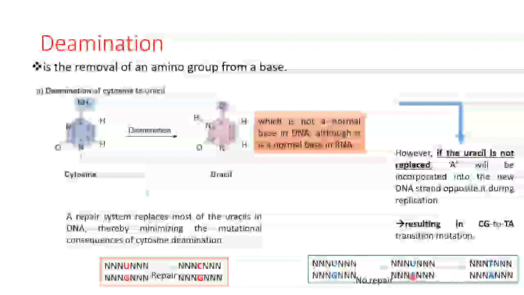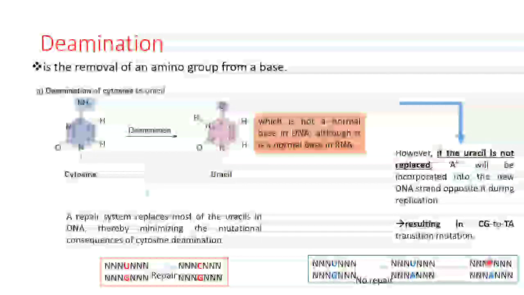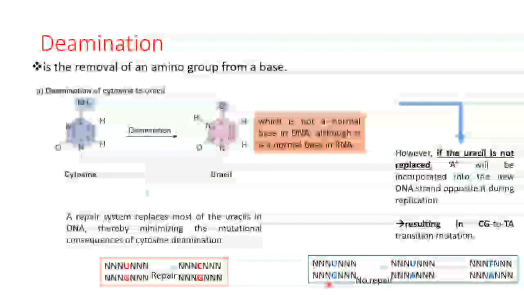And then during another round of replication, the adenine, at the level of DNA, the normal base pairing is with thymine. So what will we get at the end, guys? The first base pairing was CG before deamination, and after deamination it was converted into TA. So we converted the CG into TA, and it's a transition mutation, converting a pyrimidine into a pyrimidine.